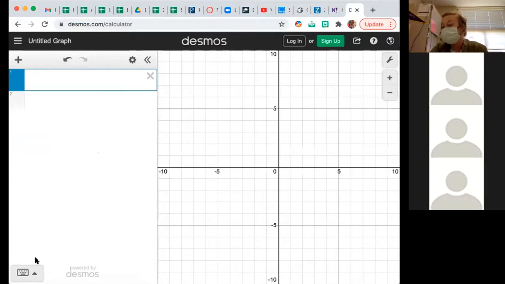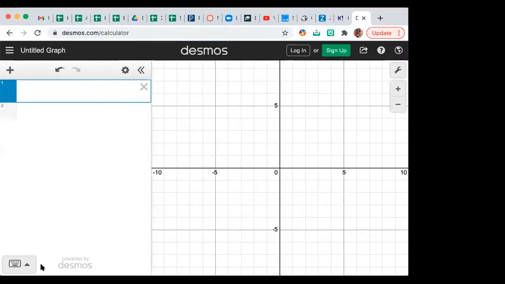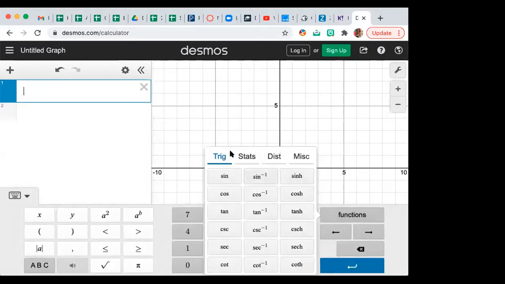We're trying to do cosine inverse of 4/7, right? Sean, make sure you're looking. So I'm going to go to my keyboard. Y'all can't see it. Y'all know where it's at, but I'm still trying to get it where y'all can see it. Go to your keyboard. Click, go to functions. I'm on trig. And do you see there's the cosine inverse button right there?